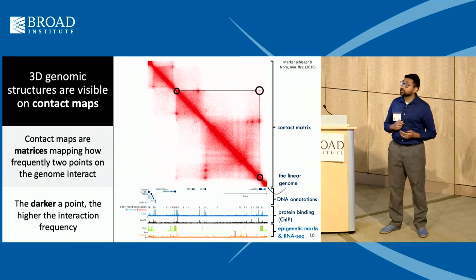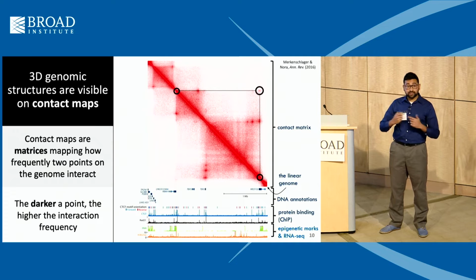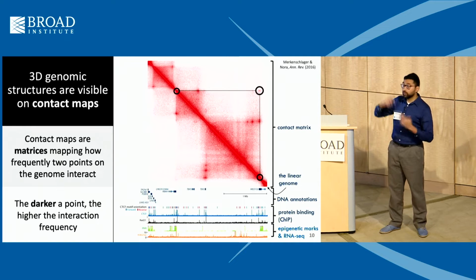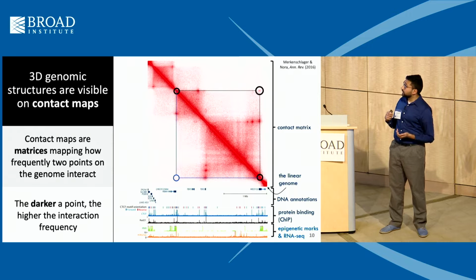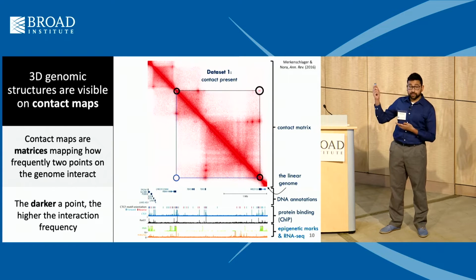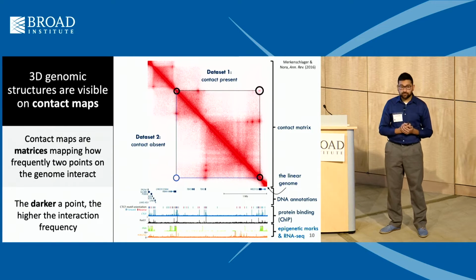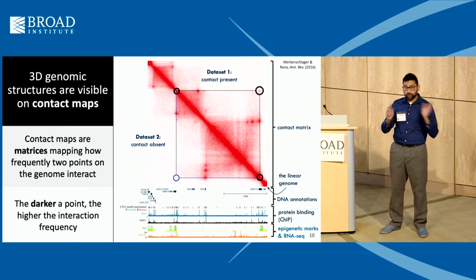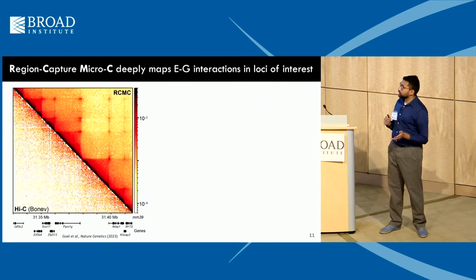What's nice about this kind of visualization as well is that you can have 2 different data sets viewed at the same time, one above the diagonal, one below. So in this case, we can have data set 1 with the contact present and data set 2 with the contact absent.